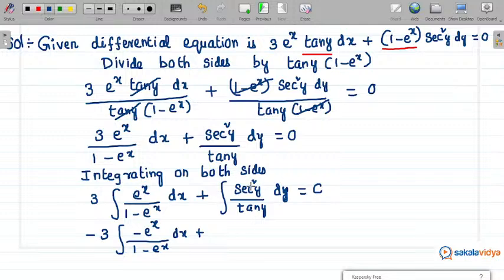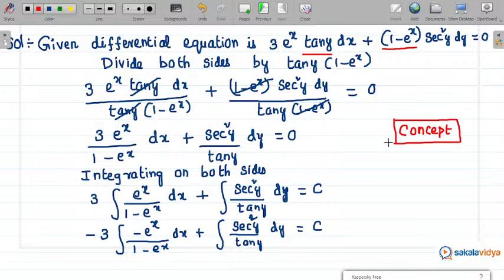Next, observe the second term: secant square y is the derivative of tan y. That means the numerator is the derivative of the denominator, so we keep it as the integral of secant square y upon tan y dy equal to constant. My dear students, an important concept needs to be kept in mind; without it this problem cannot be solved.